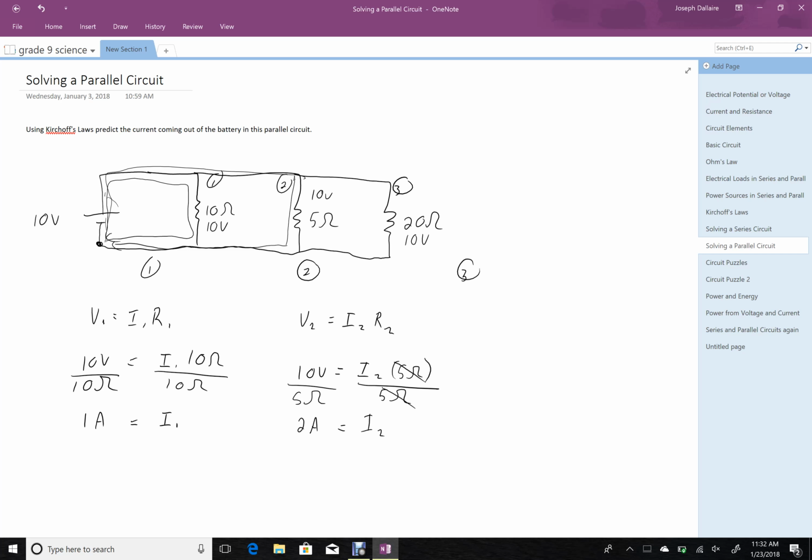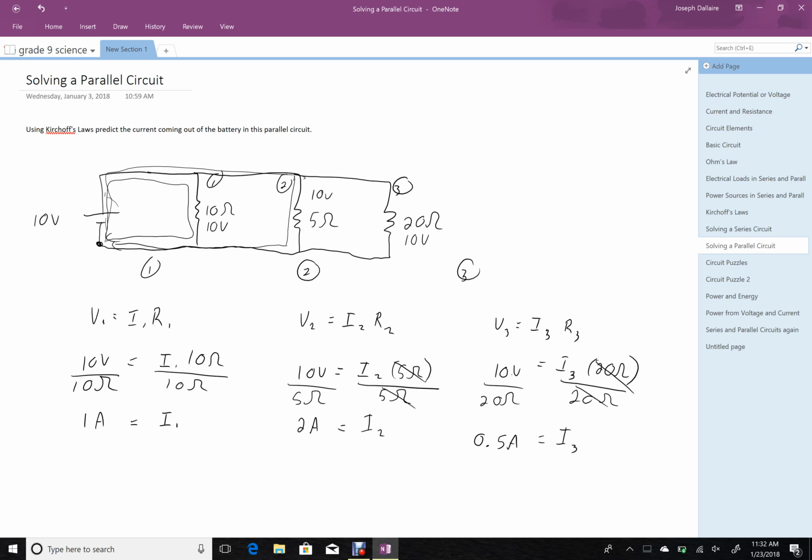And finally, in my last situation, V3 is equal to I3 R3, and my third resistor. My 10 volts here is acting on a 20 ohm resistor, isolating for my current, I see that I3 is half of an amp.